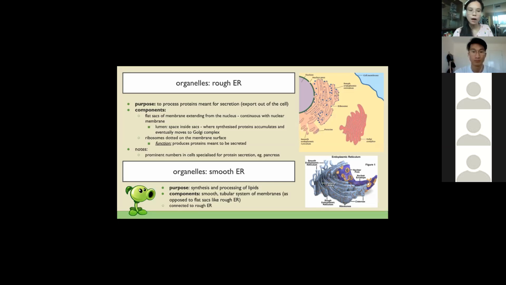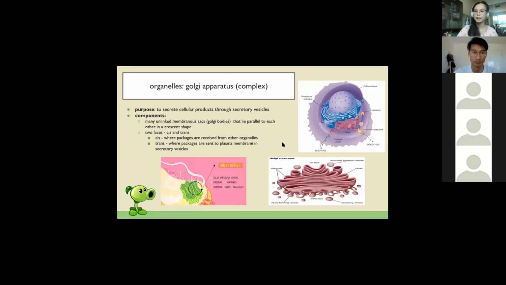So the ribosomes are going to produce proteins which are taken into rough ER, processed and changed slightly, and then those proteins are going to be sent from within vesicles to the Golgi complex. So the Golgi complex is again just basically flat sacs of membrane that lie in parallel with each other.